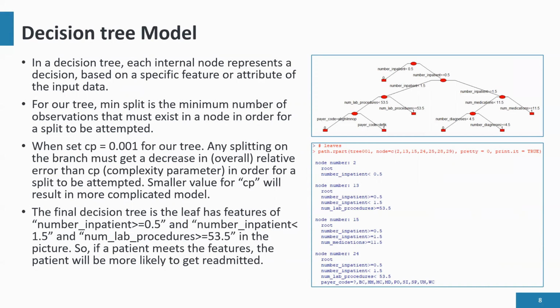We found minsplit is the minimum number of observations that must exist in a node in order for a split to be attempted, and a smaller value for CP will result in a more complicated model. The final value of the decision tree is minsplit. If a patient meets the features, the patient will be more likely to get readmitted.